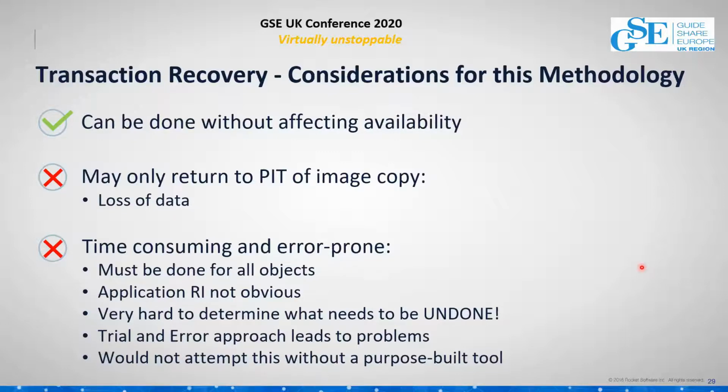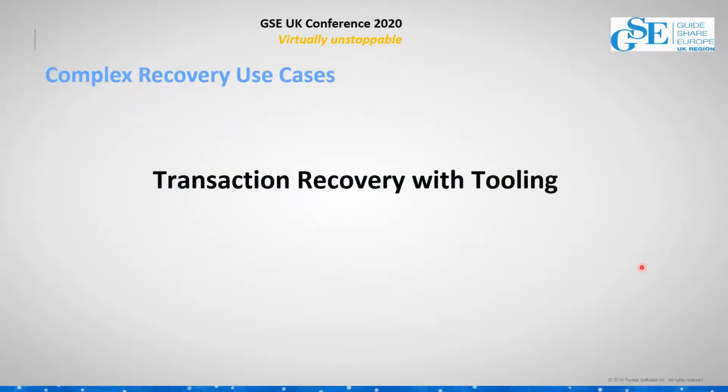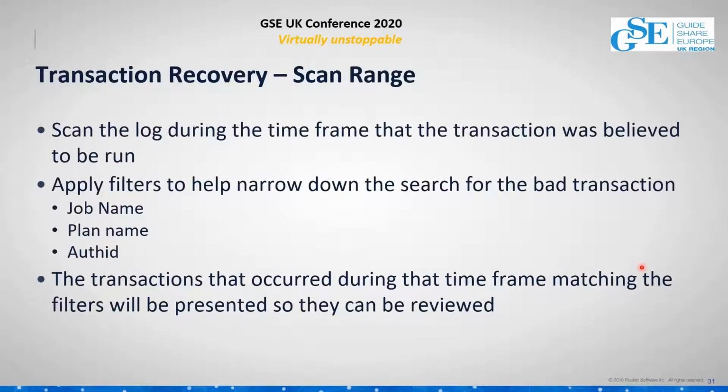So if you talk to your vendor of choice, and all of you have your vendor of choice, it's very likely that they will have a tool available that could help you. And with any tooling that's out there from any vendor, you would most likely be able to scan the log for the time frame when you believe all these transactions have corrupted the data.